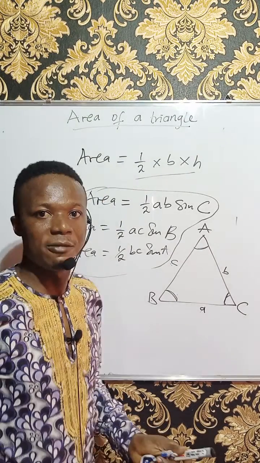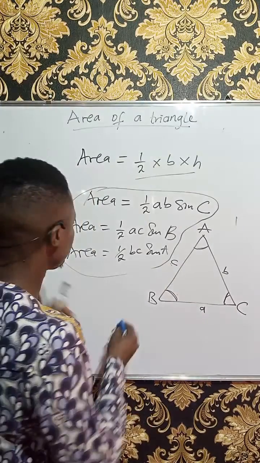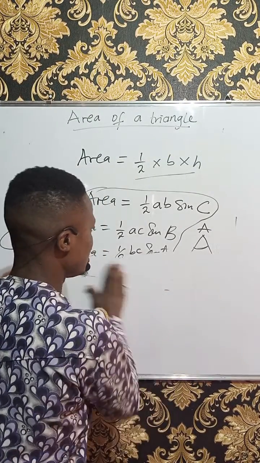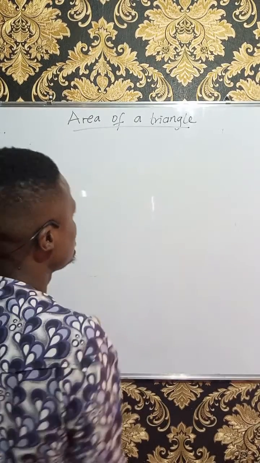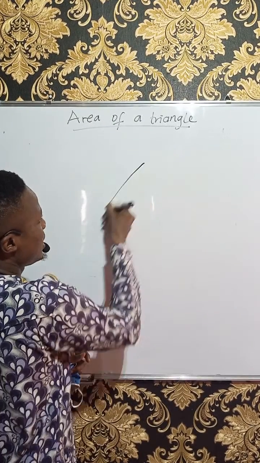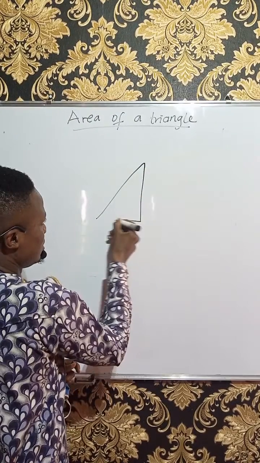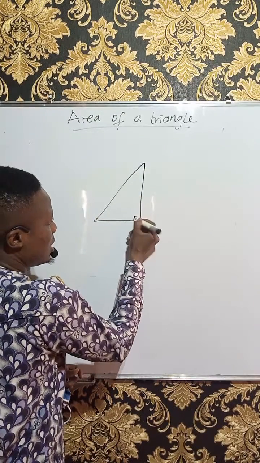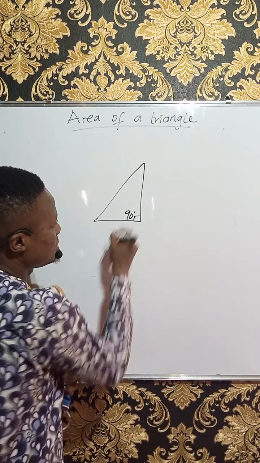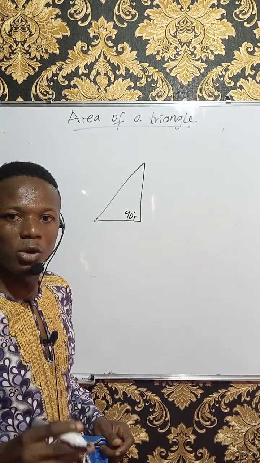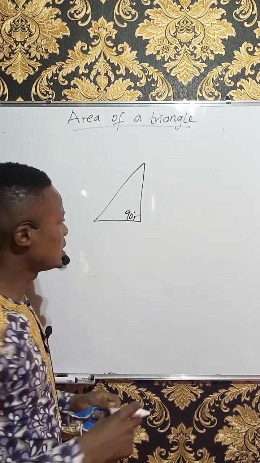Now, let me clarify by trying to generate it from a right angle triangle. Now, let us have a right angle triangle. This is a right angle triangle. And in a right angle triangle, this is 90 degrees because a right angle triangle has one of its angles to be 90 degrees.